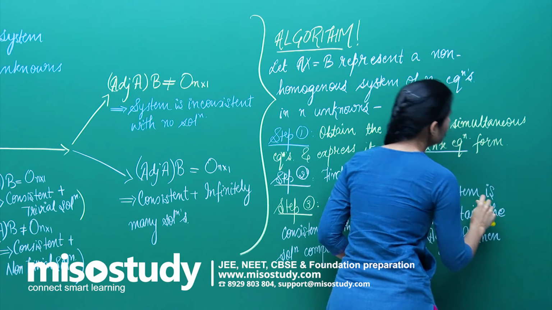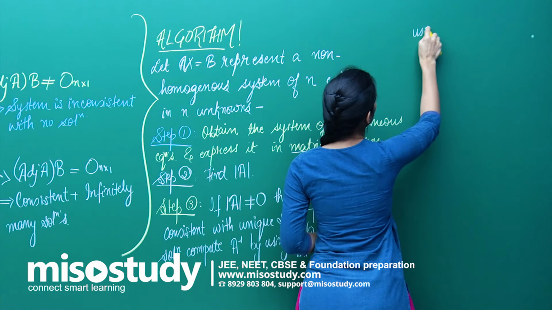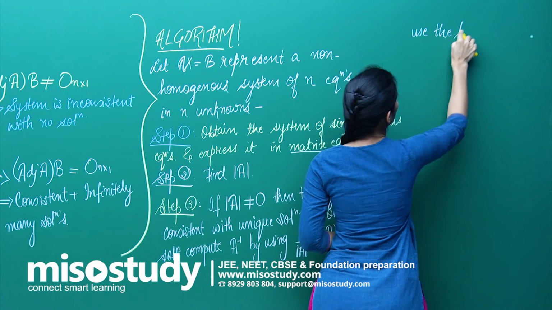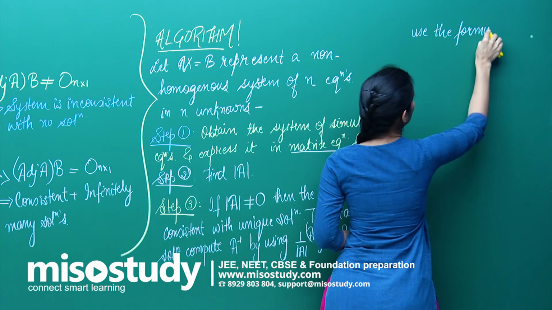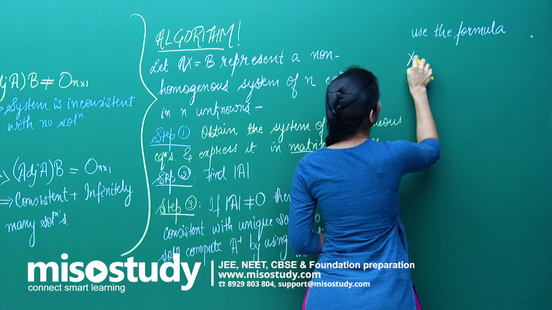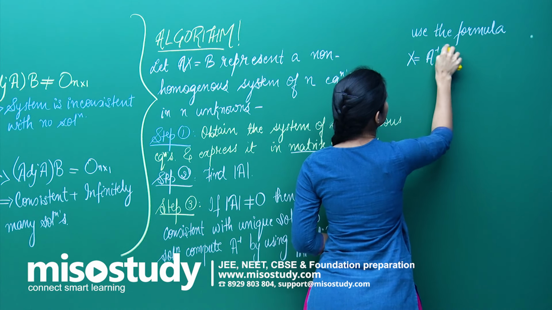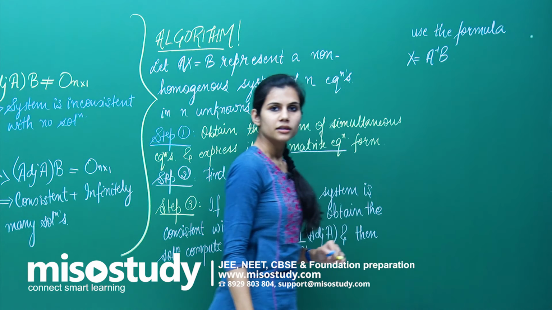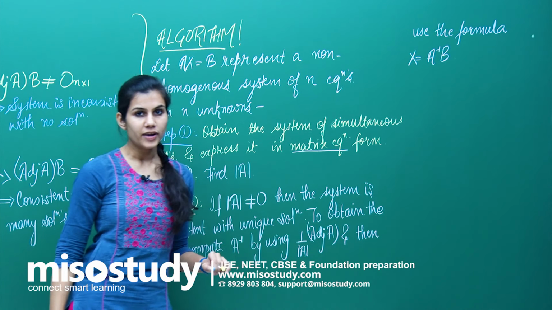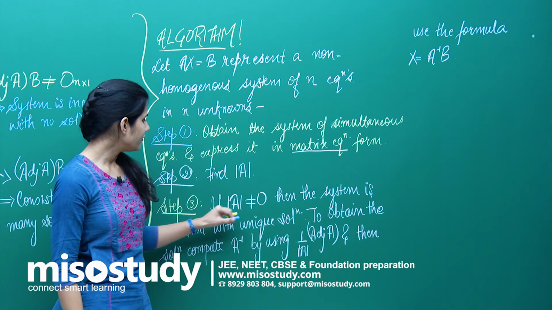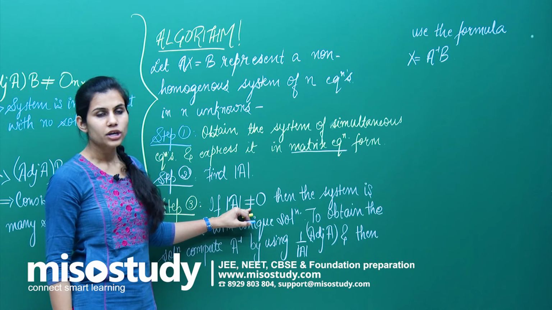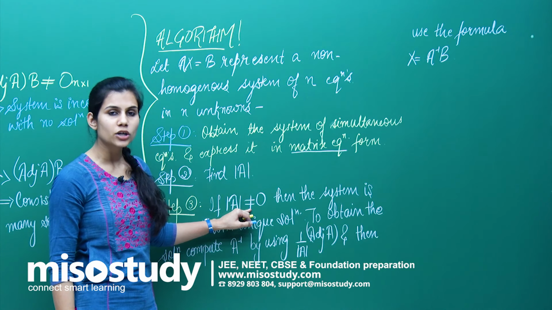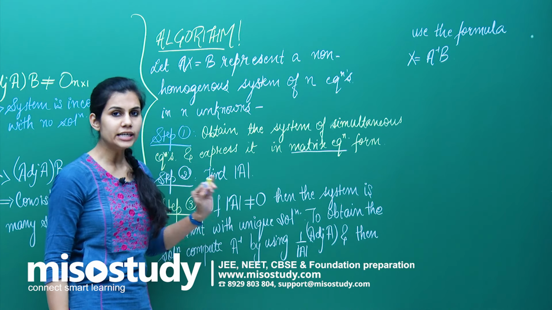then use the formula x equals A inverse B. This is the job of an algorithm. If you have determinant of A not equal to 0, you are not just supposed to conclude that this system has a unique solution.